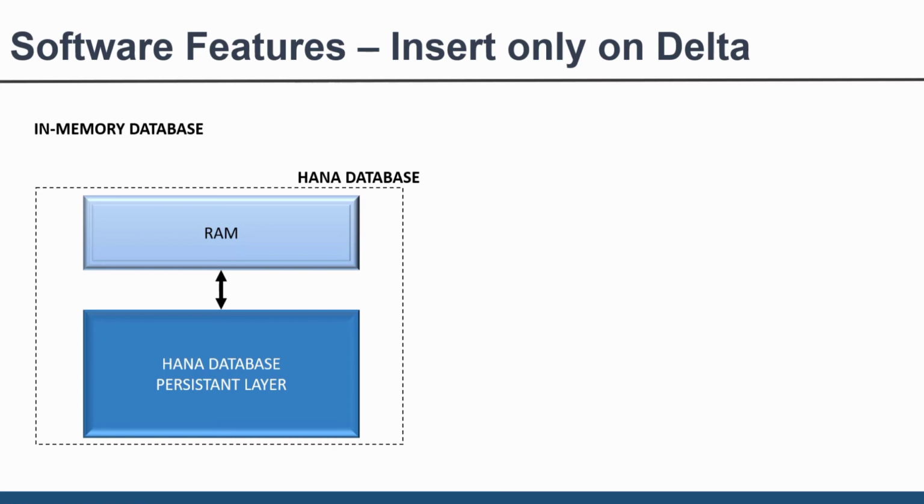Suppose a user starts working on HANA database and the user is trying to fetch the data for a particular sales order from HANA database. That means the user is trying to fetch the data from the VBAP table and the user is trying to fetch the data for a particular sales order frequently. So the HANA system is quite smart.